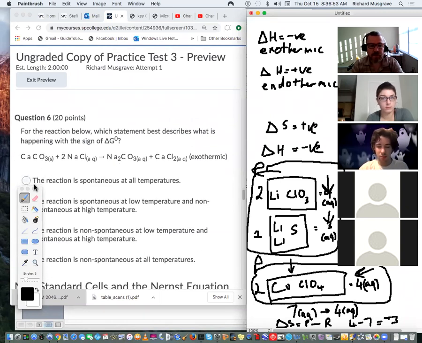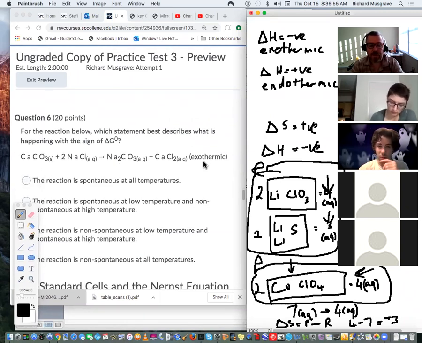Now, question 6, this is where we apply that whole thing with it being exothermic and figuring out the sign of delta S. But I will share something with you here. In these kinds of problems, you're always going to be able to tell what the sign of delta S is simply by looking at where the solid is.